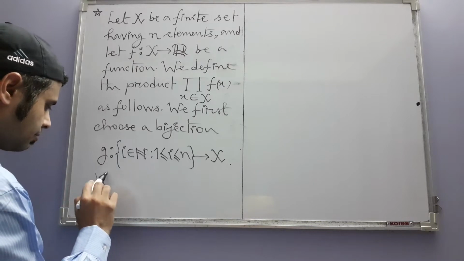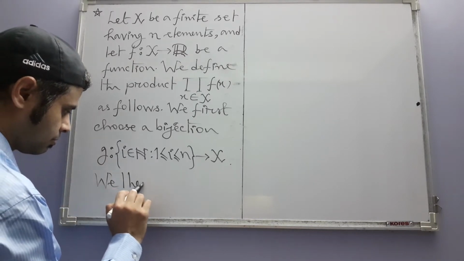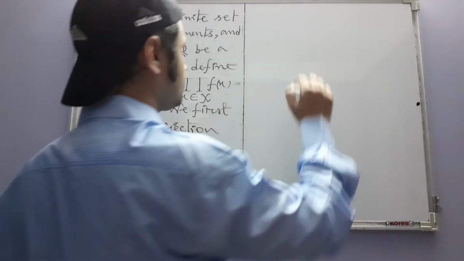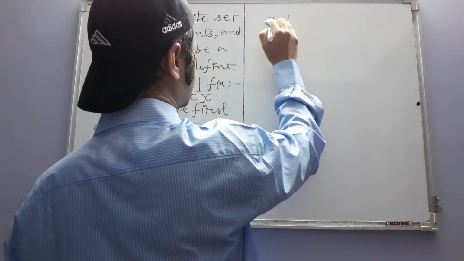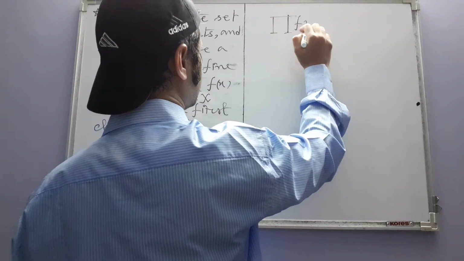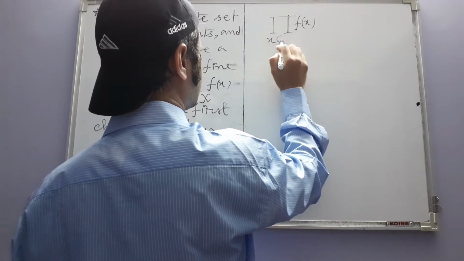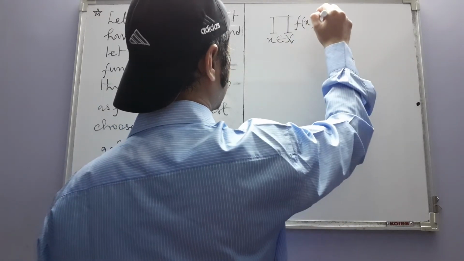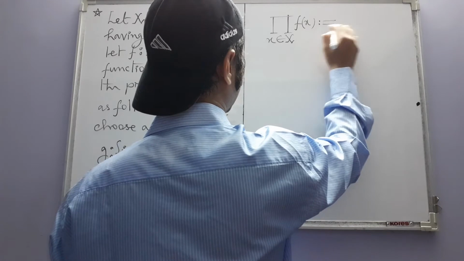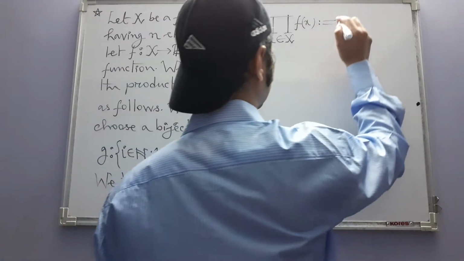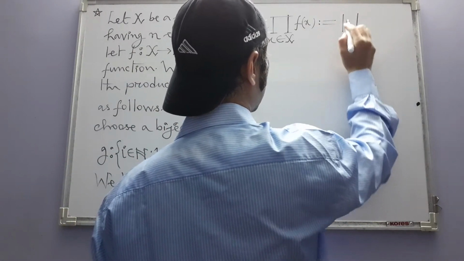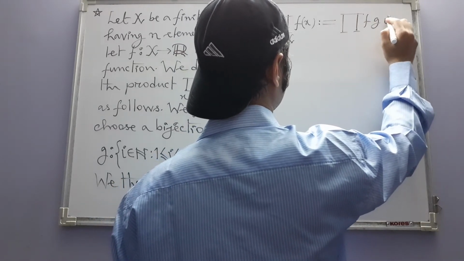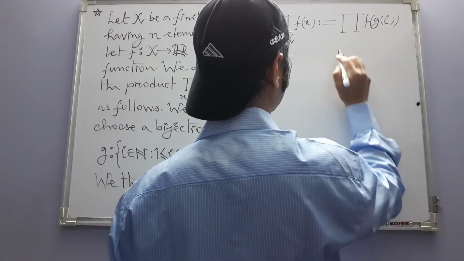We then define this product. So at least now what we are writing or what we will write, you already know what we will write and what we are doing here, because you have the experience of going through similar things involving sums.